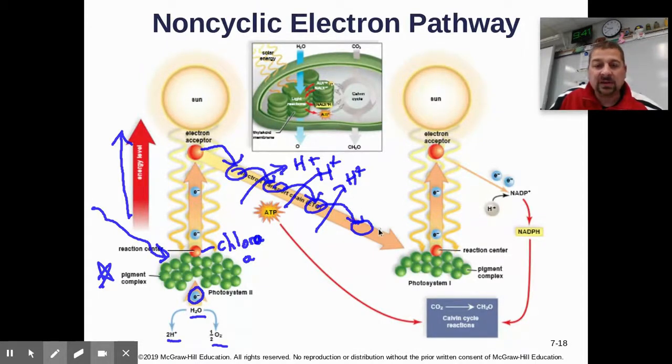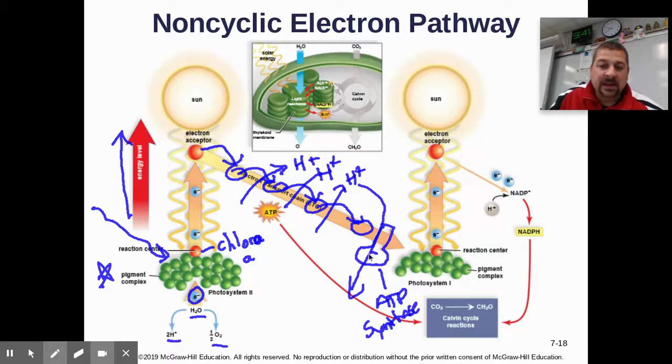And then down here will be the ATP synthase, which is how they escape. When they escape, that's going to cause it to turn, and it's going to phosphorylate ADP plus an inorganic phosphate and make ATP, which is what they're showing here.